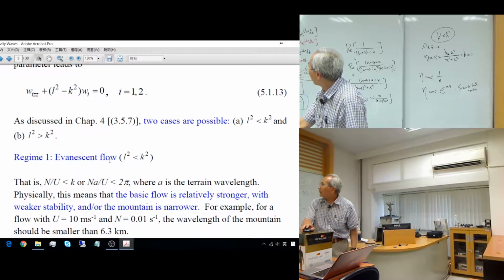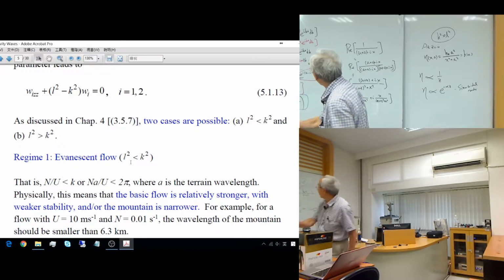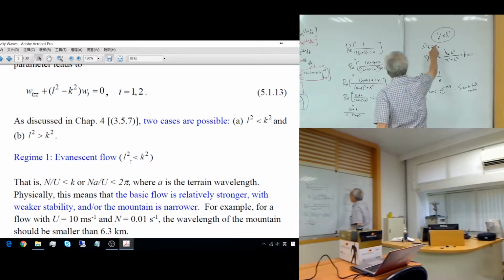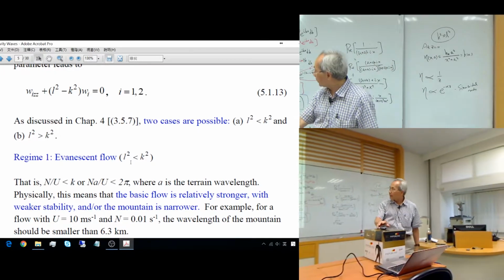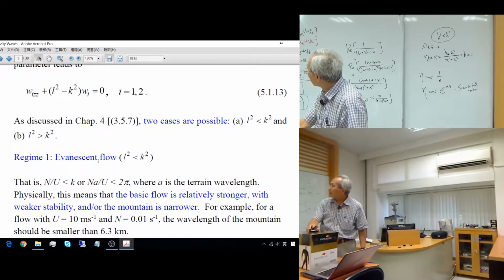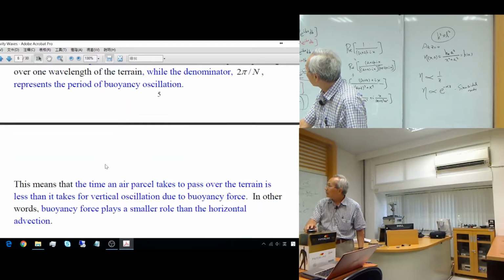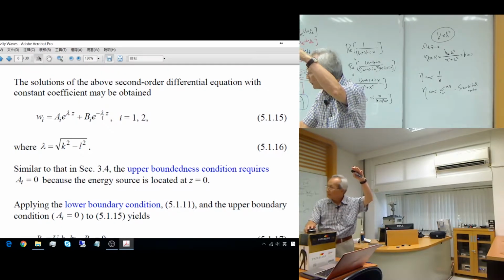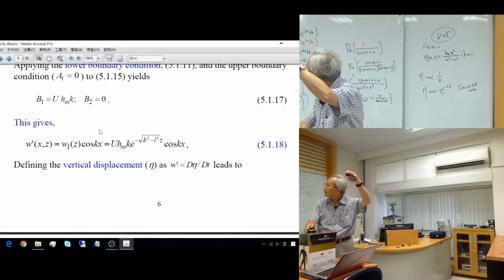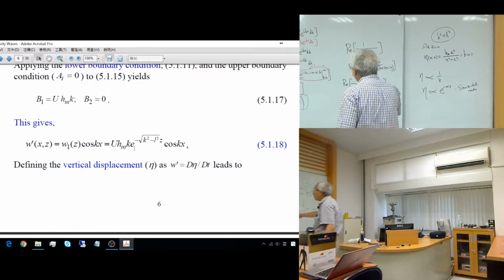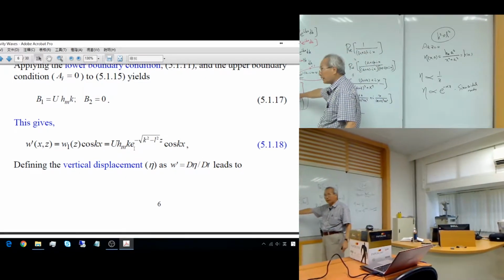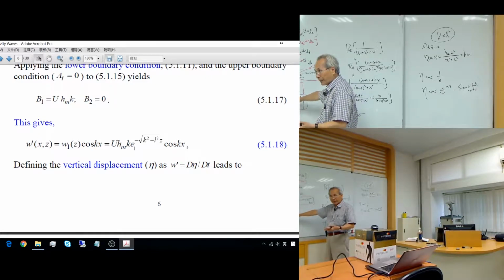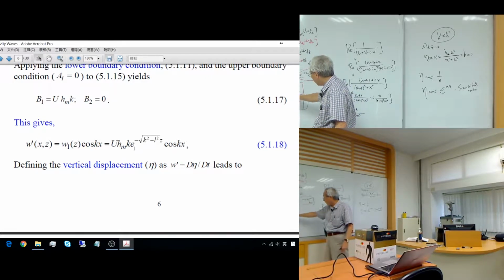We have this k squared greater than l squared here, so this one is evanescent flow. Our solution is exponentially decaying with height. Now the other one is also decaying with height, also evanescent flow, but at a different rate.